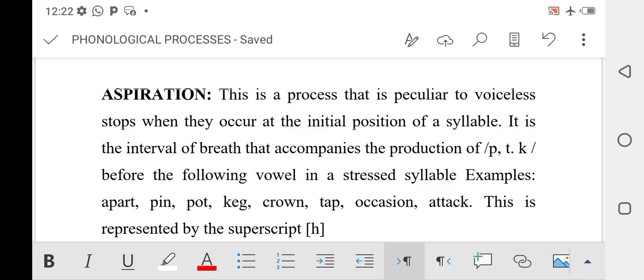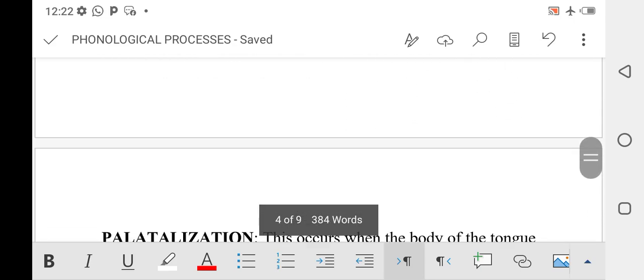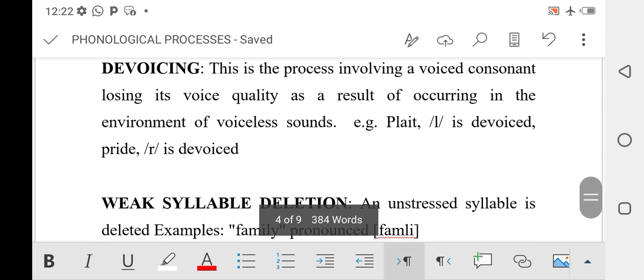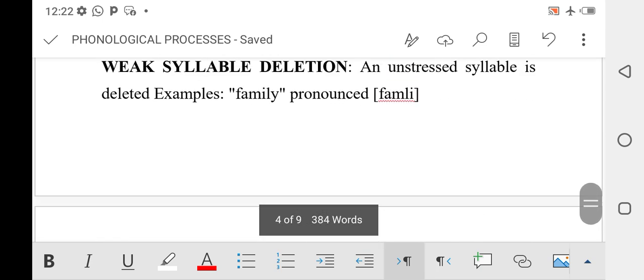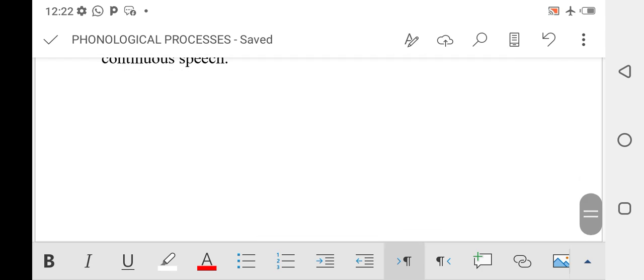We will meet it while we progress in this study. So we have labialization, palatalization, velarization, devoicing, weak syllable deletion, and vowel reduction. That is it for phonological process.